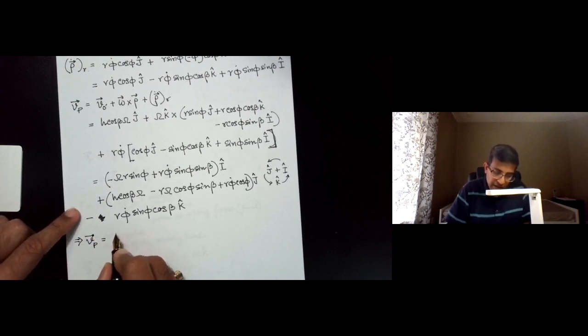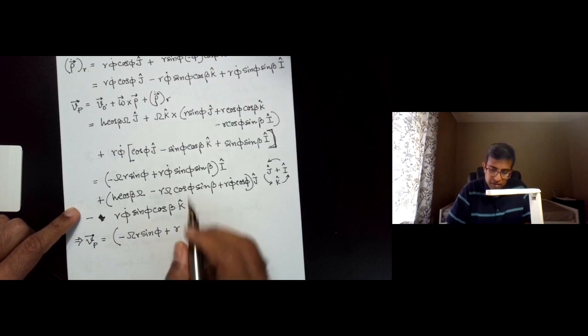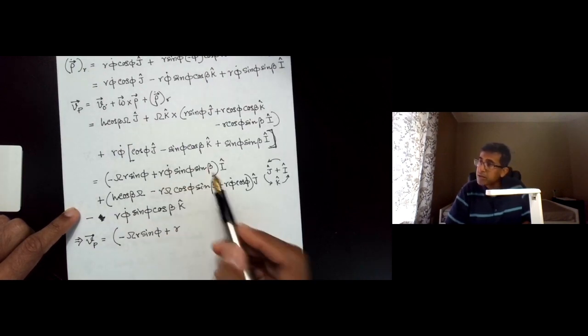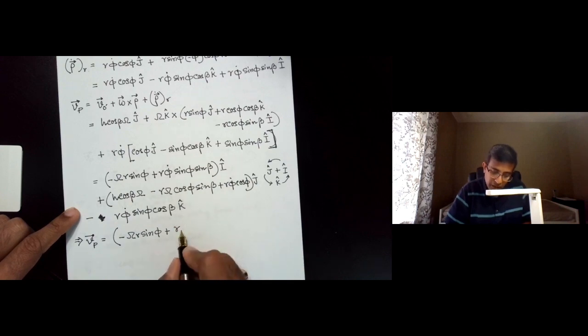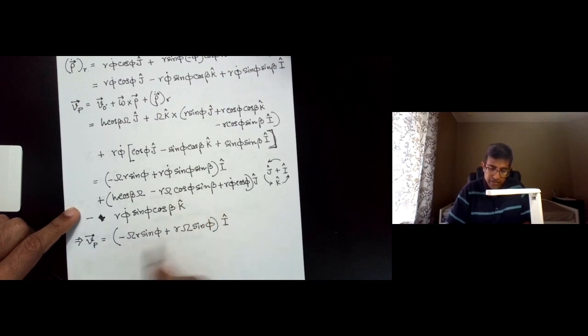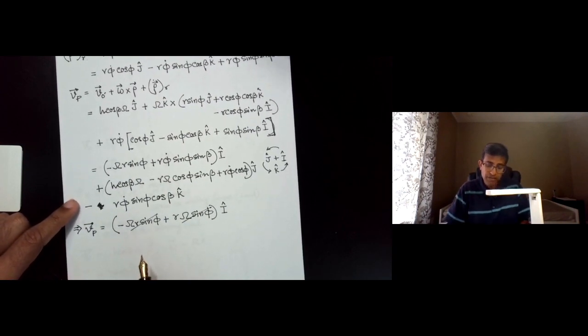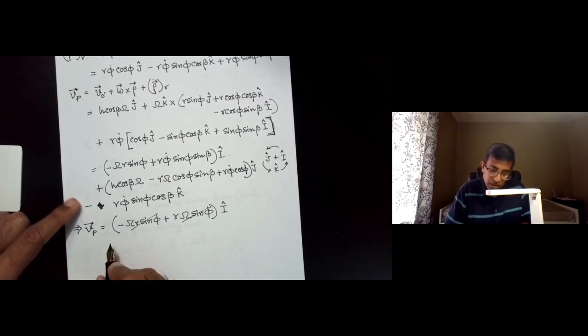So then in the I direction we will have minus omega r sine phi plus r times phi dot sine beta, and phi dot sine beta is omega, so omega times sine phi I. In fact, that basically says that the I component is cancelling for the velocity of P. P does not have an I component.